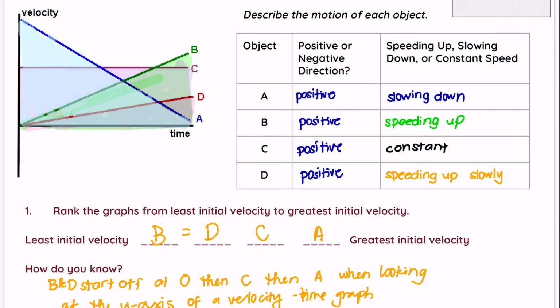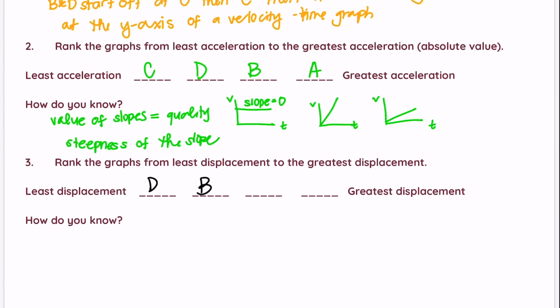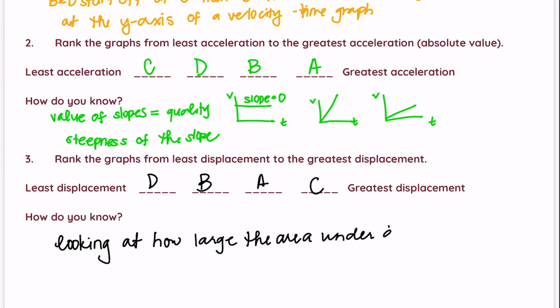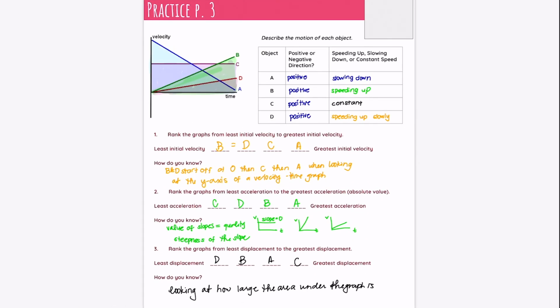We're going to take a look at who has more area, and I think A would probably be a bigger area than C. So we'll say A is bigger than C, looking at how large the area under the graph is. And that is going to be it for practice page 3.